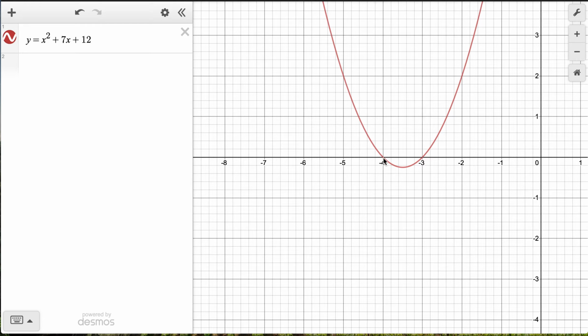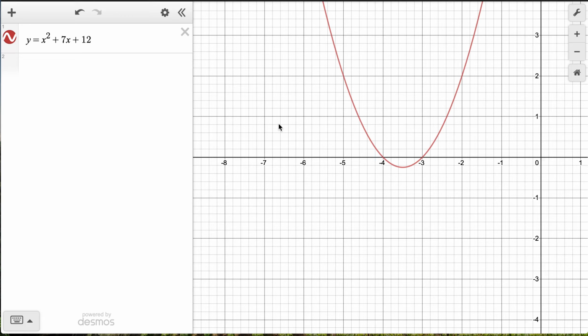Now look back at yesterday's lesson, look at the start of my video if you need to, but you will see that those were the two answers that we got. So it works. It does give you the two answers to the question by plotting the graph and looking to see where the y value is equal to 0, in other words, where the curve crosses the x-axis.